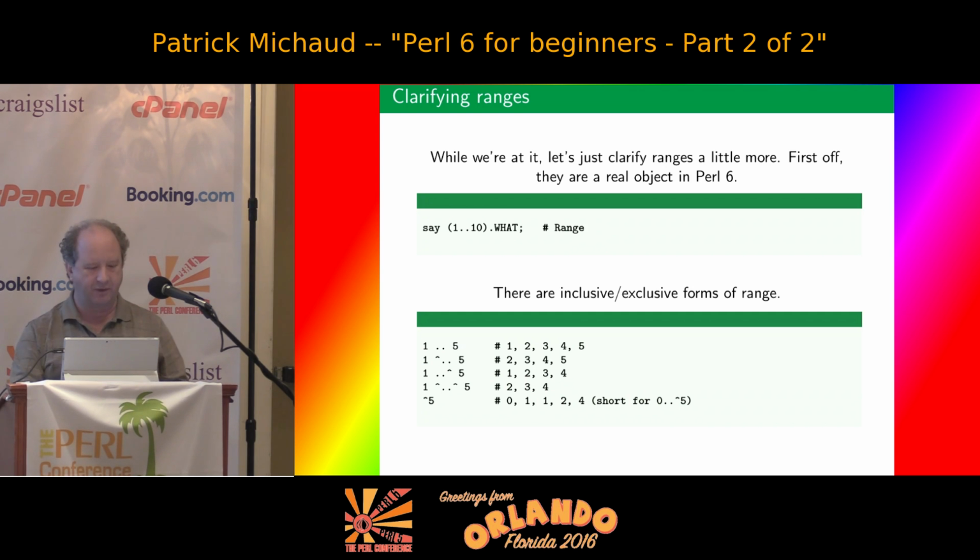And if you do the cat ears, ^..^, then that means the range from 1 to 5, but not including 1 or 5. And again, it's continuous. So 1.1 is in this range, even though 1.0 is not. And then we have our shortcut notation, ^5, which is the same thing as 0..^5, which means 0 up to 5.